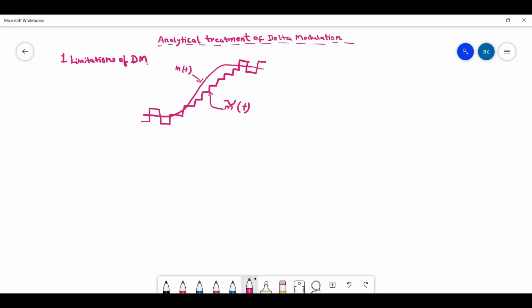This is positive slope overload scenario. This results in an error. Remember that in positive slope overload, slope of m(t) is greater than slope of approximating signal m cap(t).